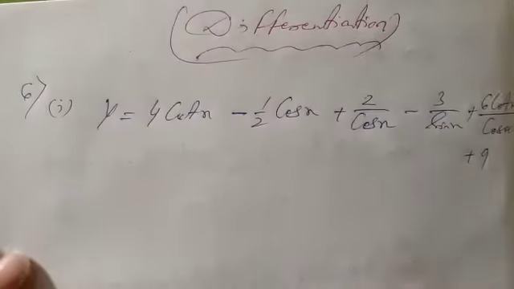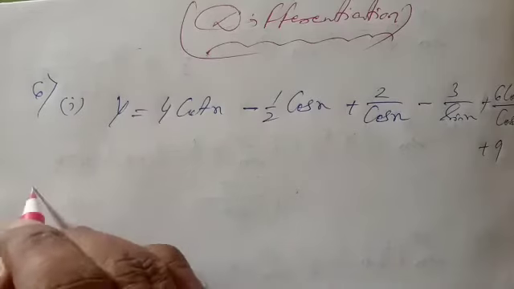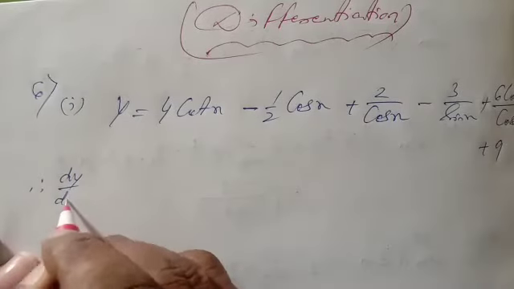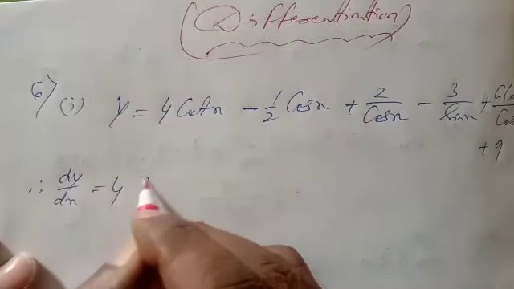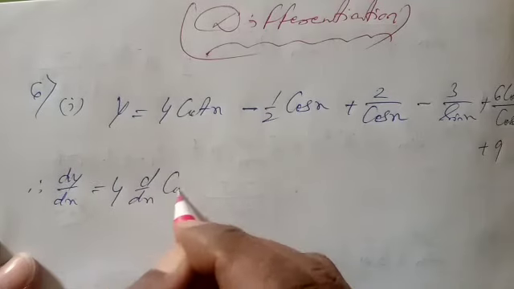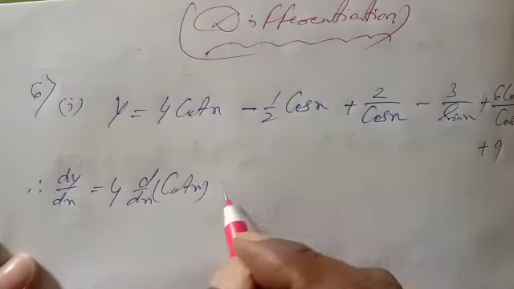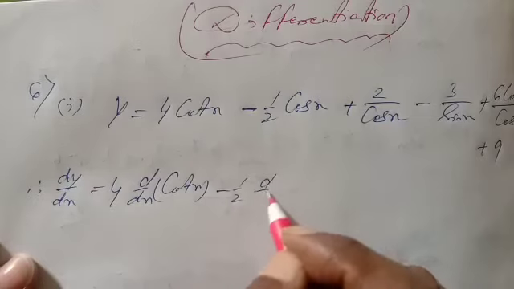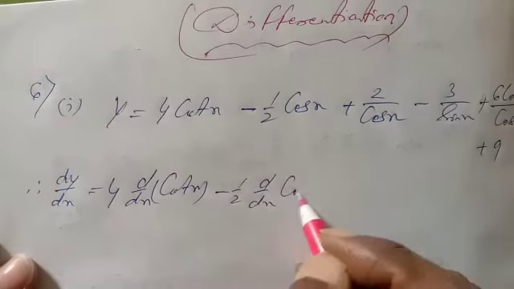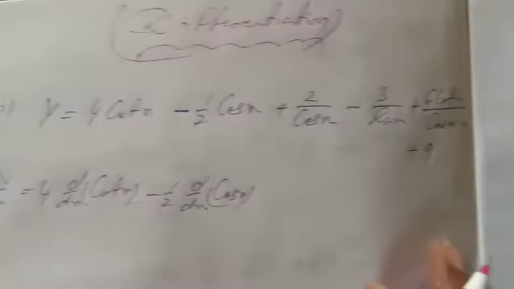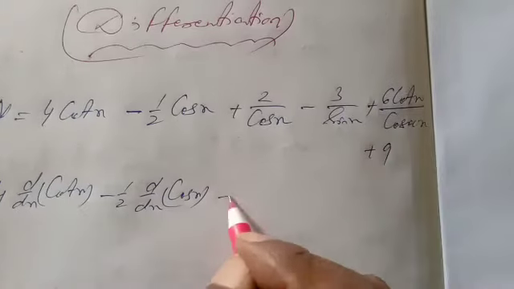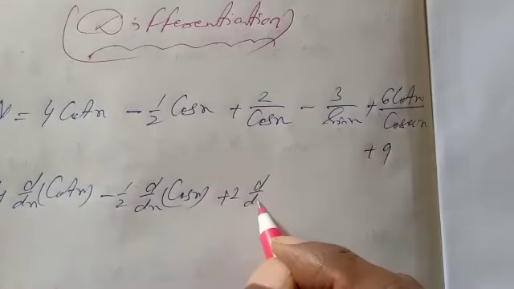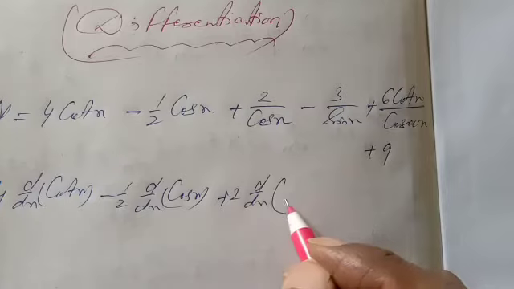Just to see. Therefore, dy by dx: 4 is taken outside, d by dx of cot x. Next, minus half, the coefficient, taken outside, derivative of cos x. After that plus 2 taken outside, d by dx of 1 by cos, which means sec x.